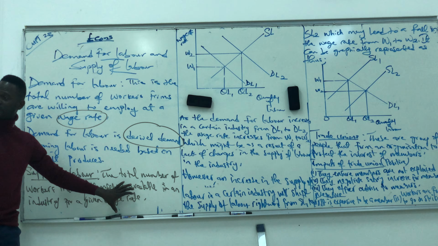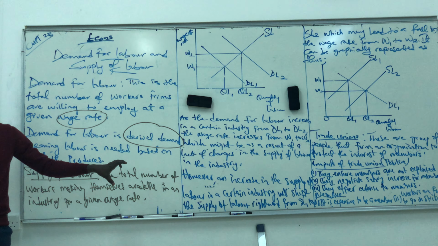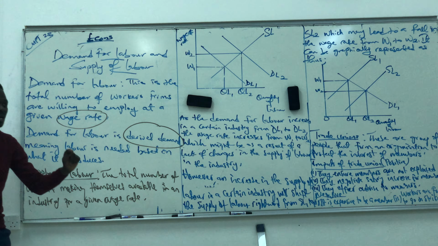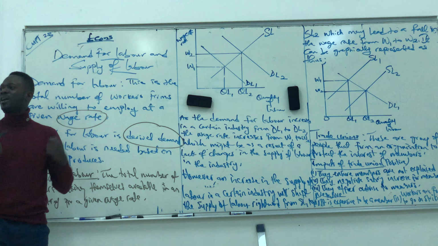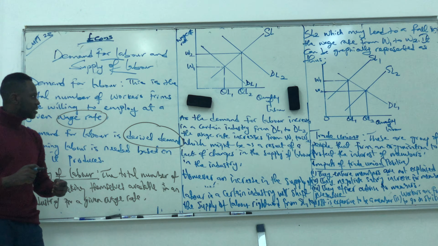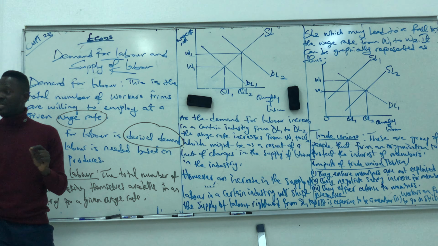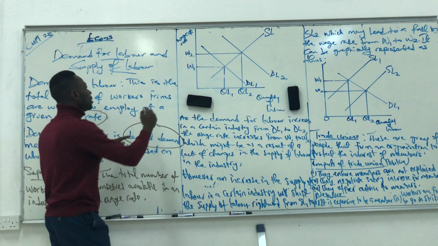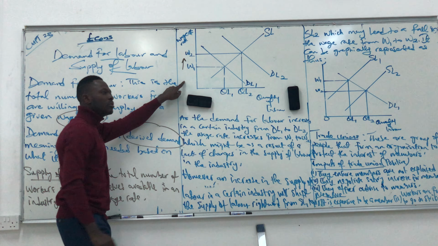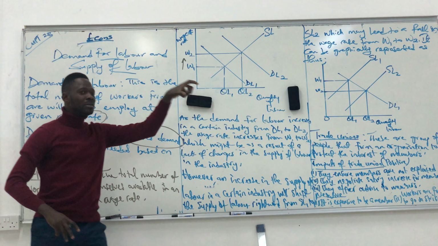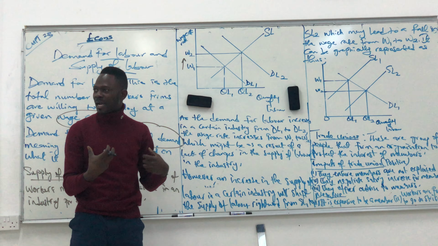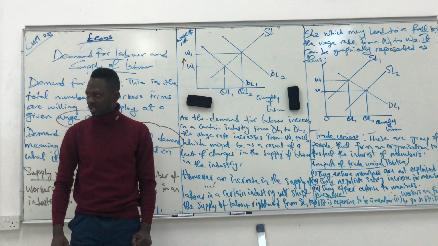So here, if the supply of labor in an industry is less, the demand for labor in that industry will rise. As a result, if the demand for labor increases in an industry, the wage rate will increase from W1 to W2. Why? Businesses will be attracting workers with high wages.